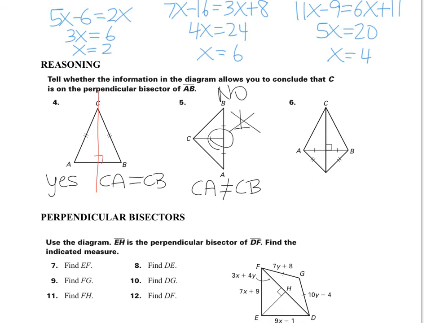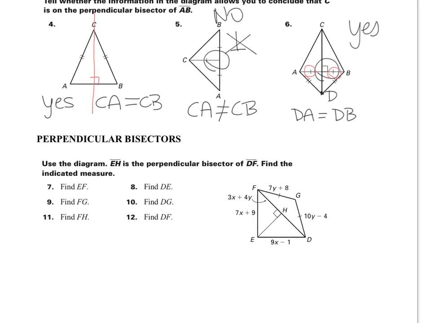So, no. And then in number 6, since I know, and I'm going to create a point here, D, since I know DA equals DB, and I do have perpendicular, C would also be on the perpendicular bisector. And you could also say that these two being perpendicular and through a midpoint.